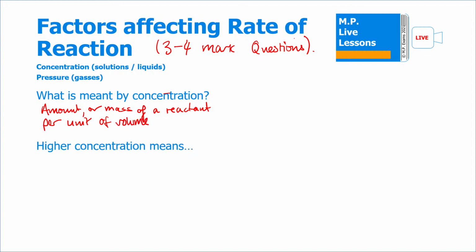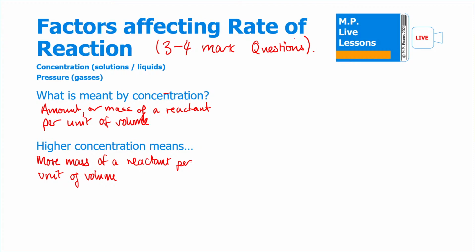So a higher concentration means more mass of a reactant per unit of volume. That just means there's more of that reactant there.